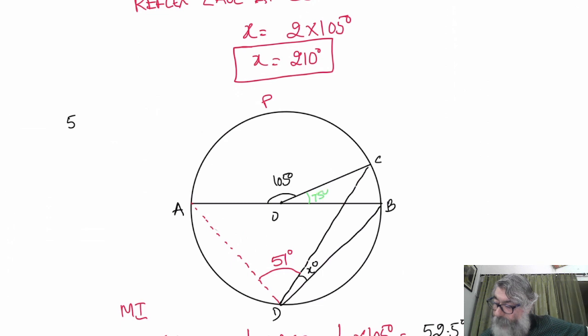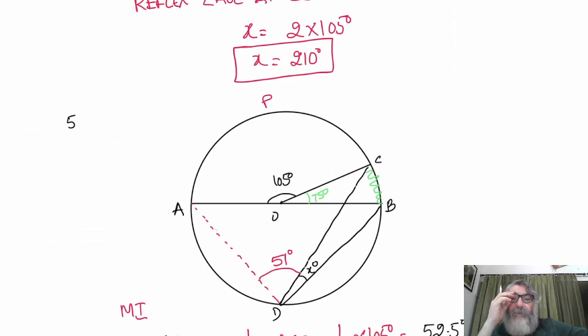75. The arc CB makes an angle COB at the center, and the same arc CB is making angle CDB at the remaining part of the circumference.